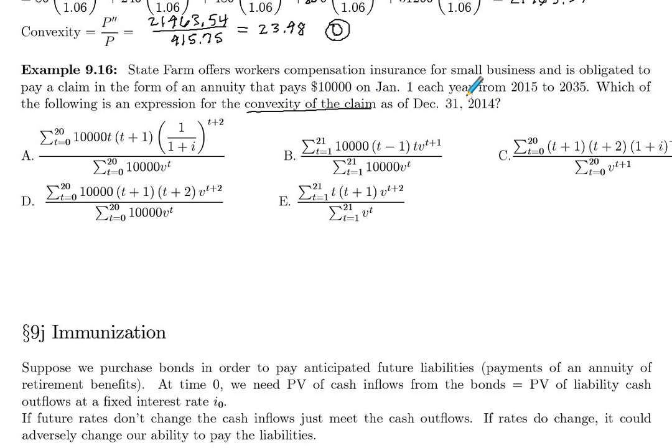Okay, so this is basically saying at time zero because they're obligated to make that payment, that first payment the next day. Now be a little bit careful here. This is from time 2015 to time 2035. That's not 20 payments, that's 21 payments here. Okay, so notice that this is 21 payments.